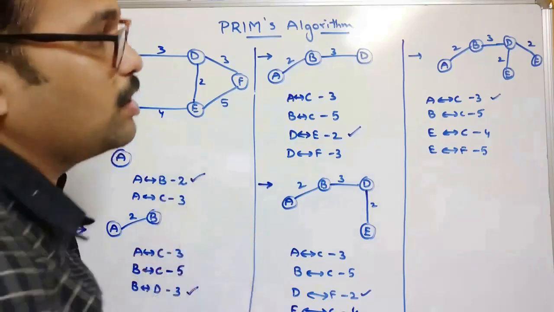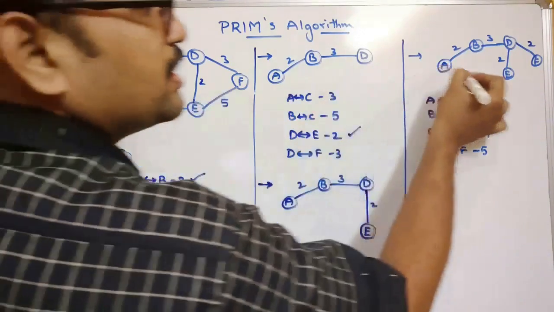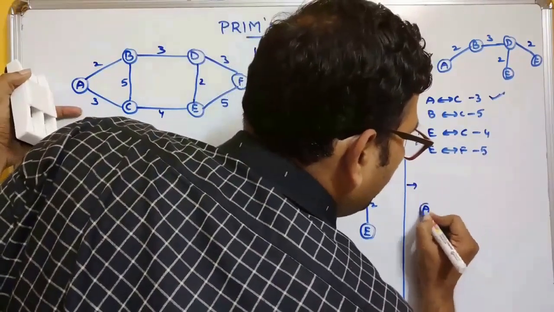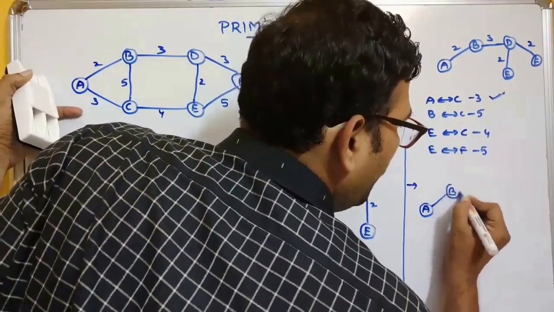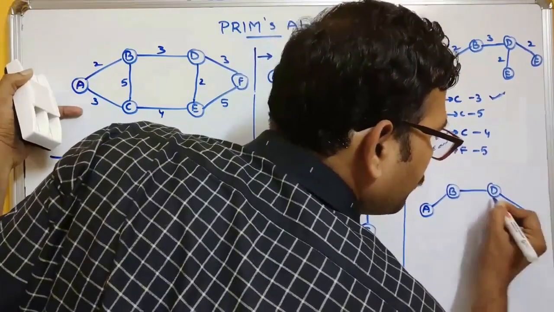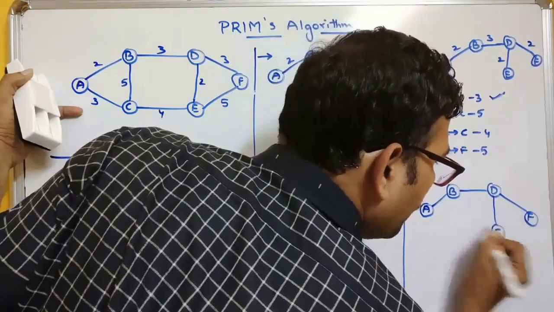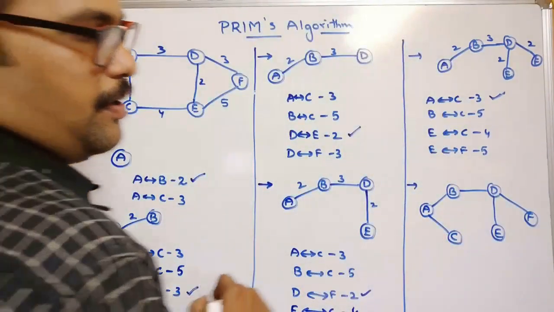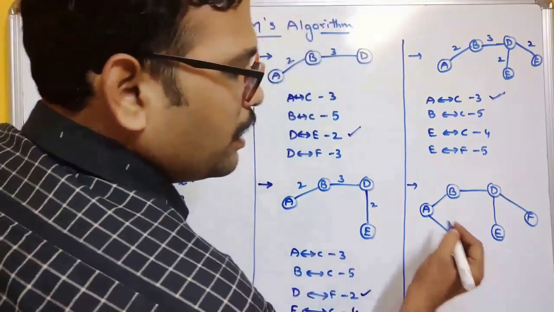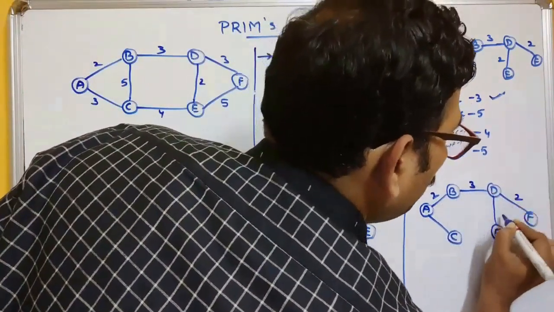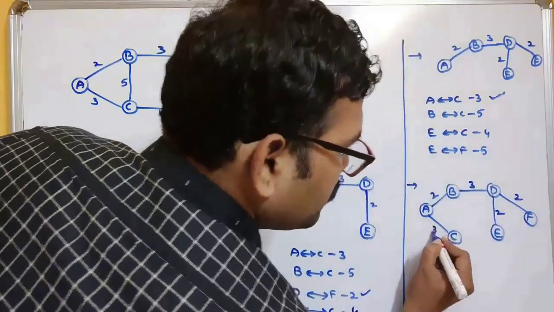If you apply A to C, it doesn't form a cycle. So consider this one. So A, B, D, F, E, C. Right? Now you can give the weights 2, 3, 2, 2 and 3.